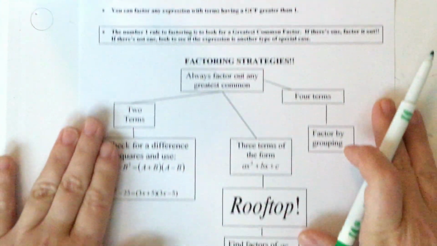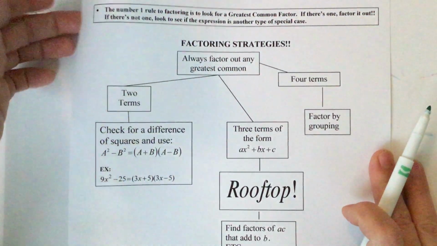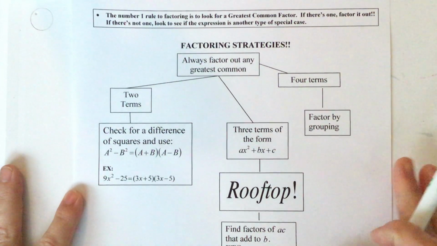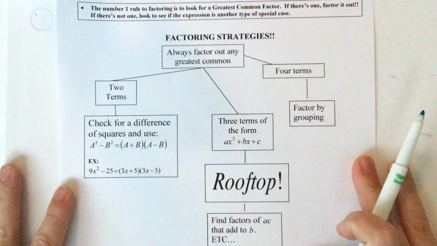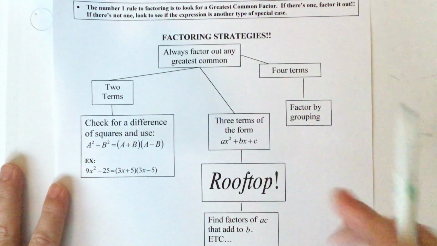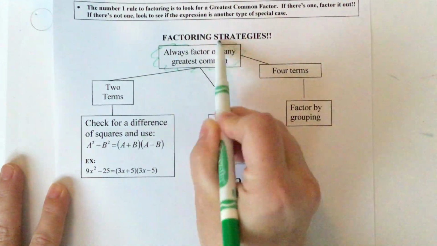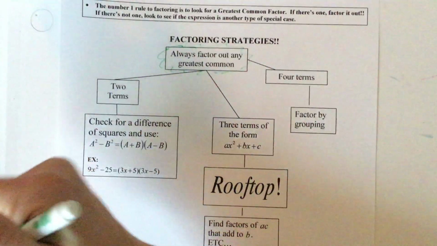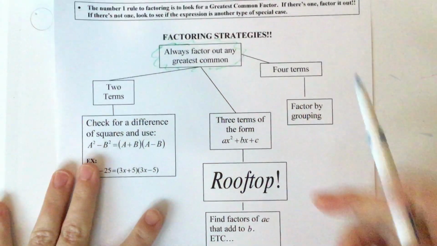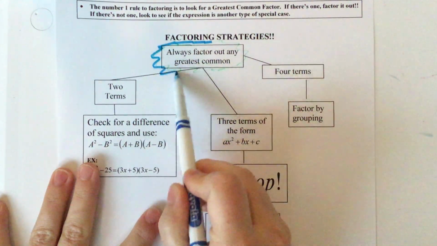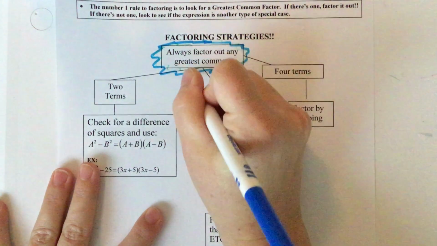Okay. So we have this factoring flowchart to help us figure out what kind of problem it is we're looking at, because there's a bunch of different ways to factor. Okay, so your first rule of factoring is to always look for the greatest common factor, known as the GCF. Does GCF sound familiar?